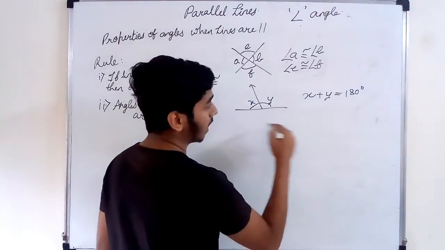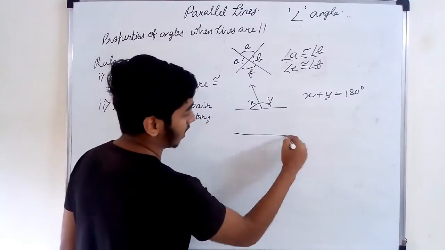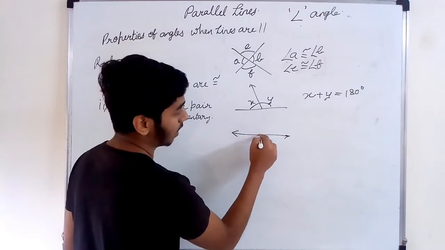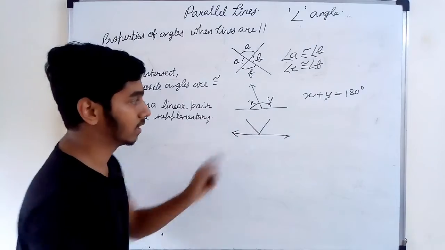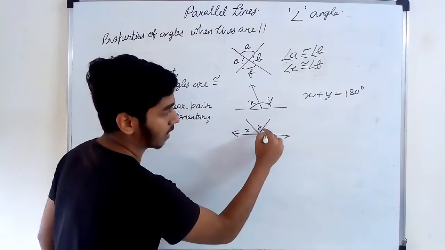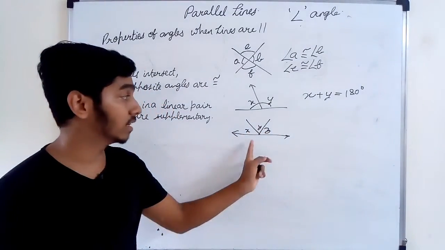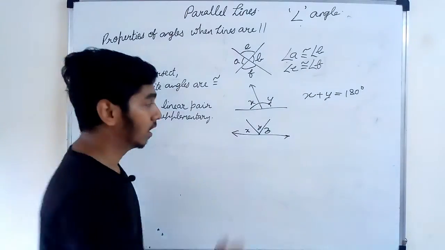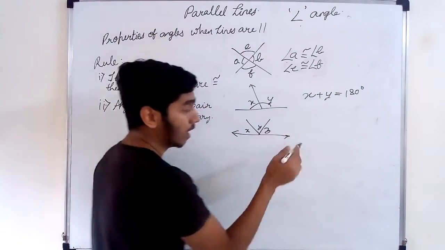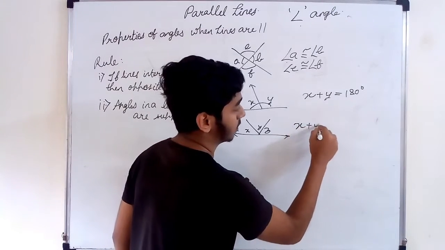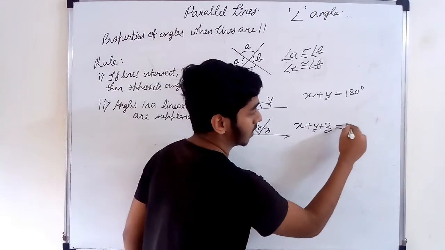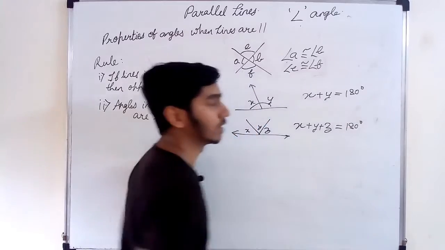Okay, then if I have this again and there are three divisions, see 1, 2 and 3. Let's say this is x, this is y and this is z. So if there are three divisions, we can again say by angles in linear pair that x plus y plus z equal to 180 degree.